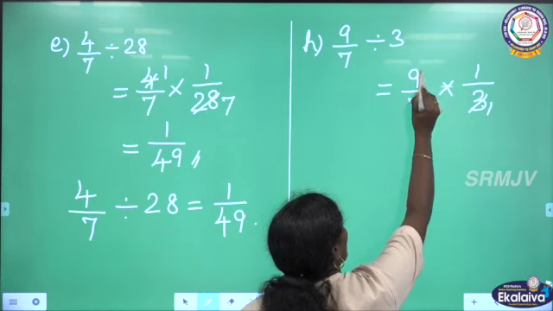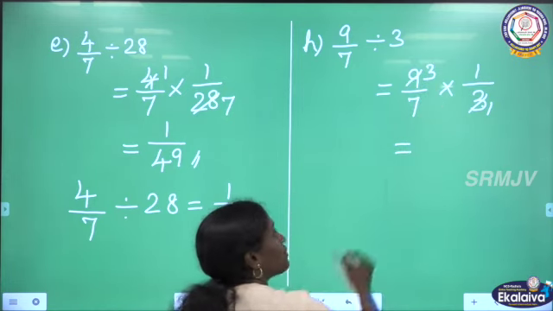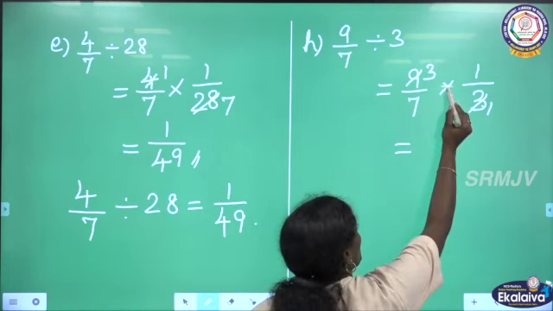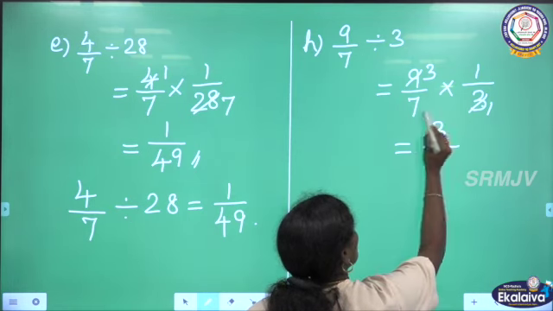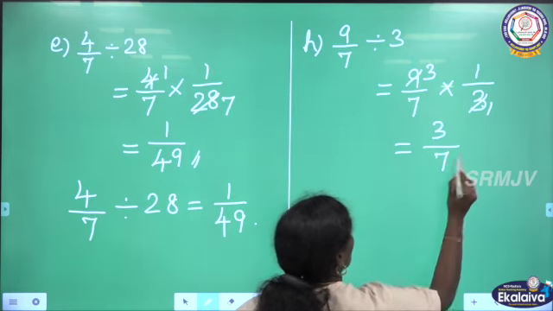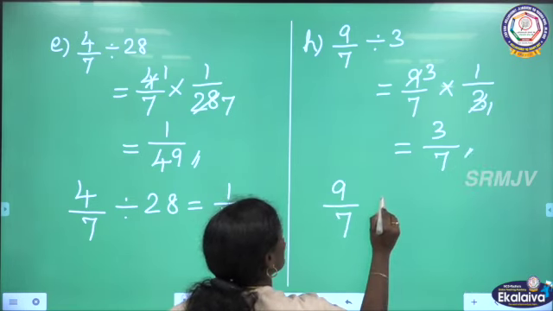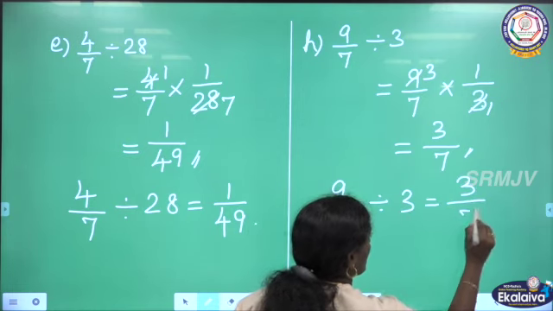In 3 table 1 time, in 3 table 3 times. Here 3 and 7 are prime numbers, so we can't reduce the numbers. So we have to multiply the numerator numbers. 3 into 1, 3, divided by 7 into 1, 7. So 3 by 7 is the answer. 9 by 7 divided by 3 is equal to 3 by 7.